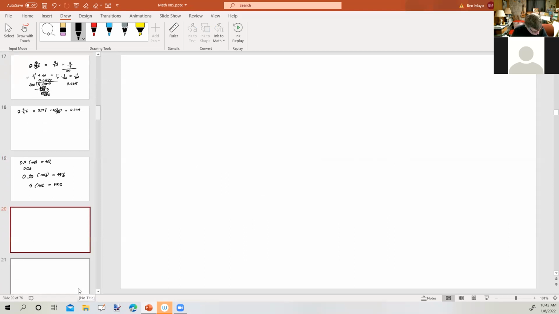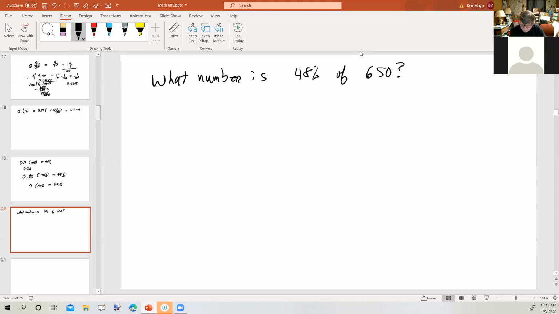All righty. Let's take a look at some statements that we can translate into equations and then solve. It says, what number is 48% of 650? What number would be the variable, the unknown, is translates into an equal sign. 48%, changing it to a decimal number, would be 0.48 of 650 would be times 650.